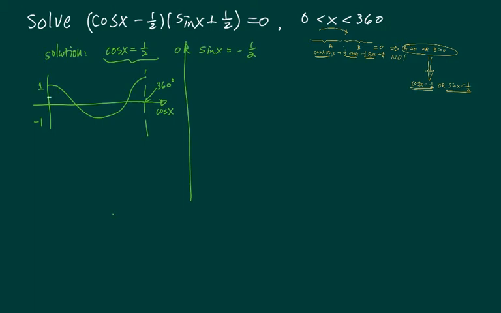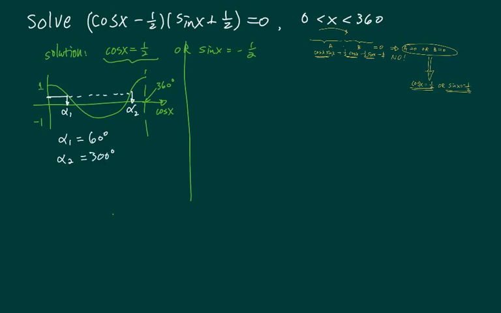Half is right smack in the middle here. If you draw this angle value across, you'll see there are two angles, alpha 1 and alpha 2. Knowing the trig table, alpha 1 gives you 60 degrees, and alpha 2, on the other side, is 300 degrees.